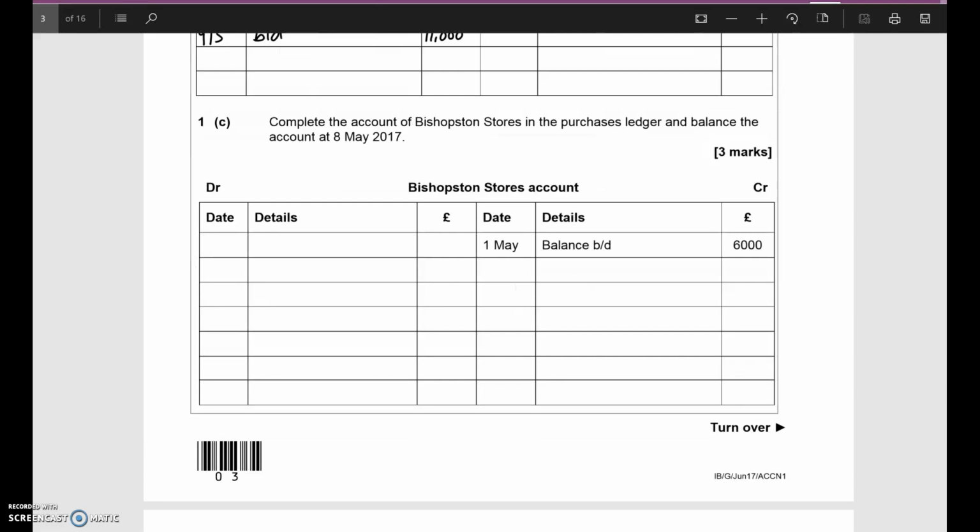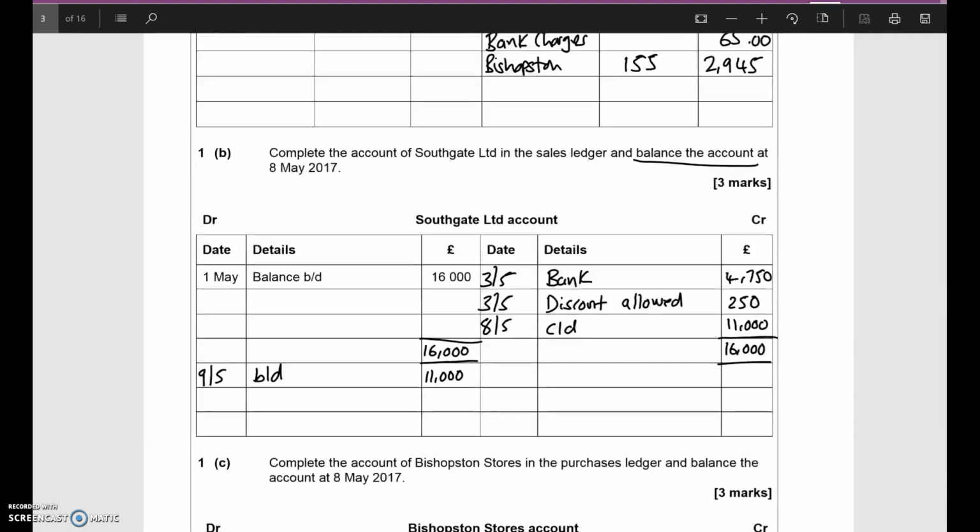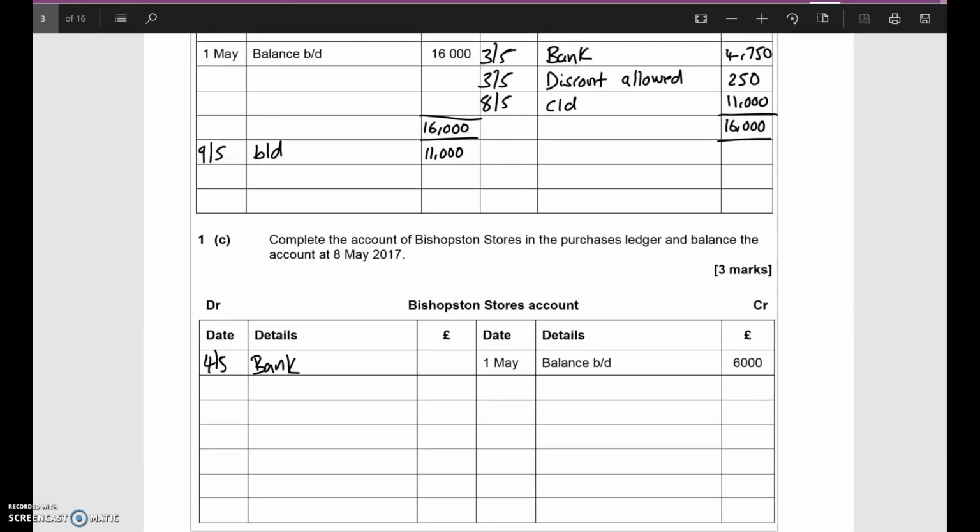Okay, so let's now do the Bishopston Stores account. Remember, these are your creditors. So the date for this will be the 4th or the 5th. The detail will be bank, because this is the money you paid out. So this will be the net value, which is 2,945. You would also then have the discount. Remember, this is discount received of 155, and then you have to balance the account.